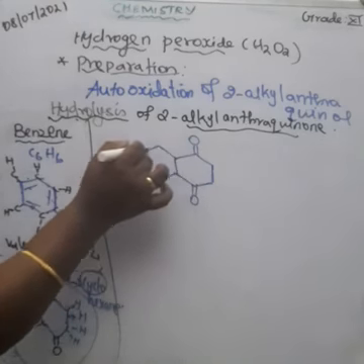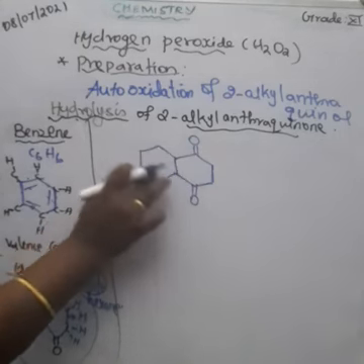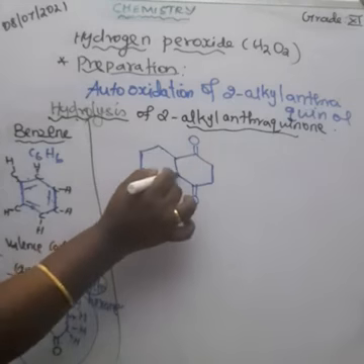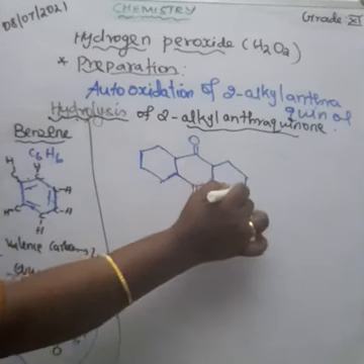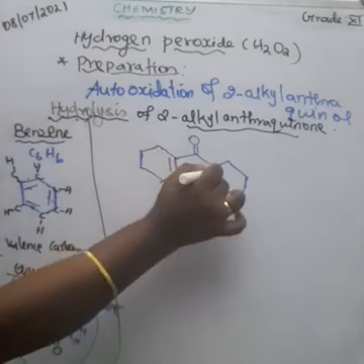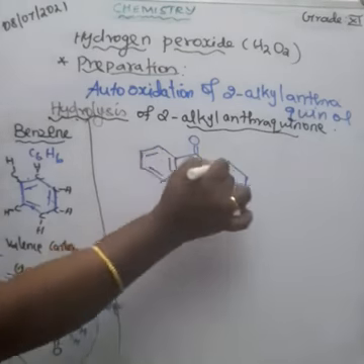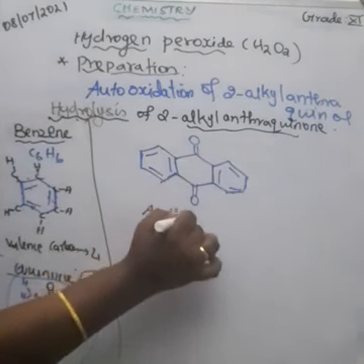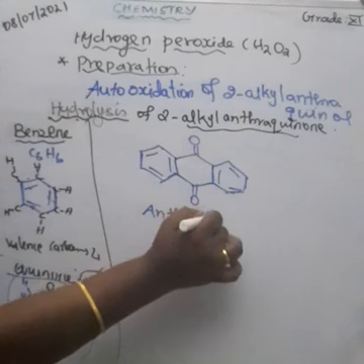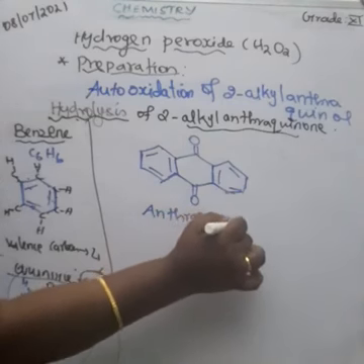Benzene ring means C6H6, with alternate double bonds inside the ring. This is the anthraquinone. What is the name of this compound? Anthraquinone.